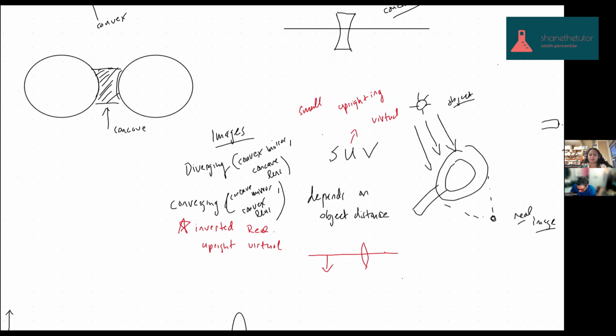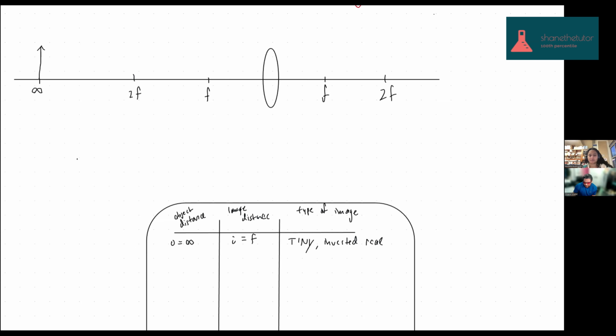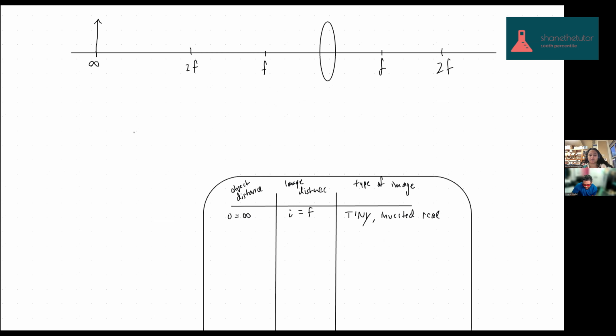So at infinity object distance, image distance will be at the focal length, and the type of image that you would get will be a very tiny, inverted, real image. 1 over f is equal to 1 over object distance plus 1 over image distance.